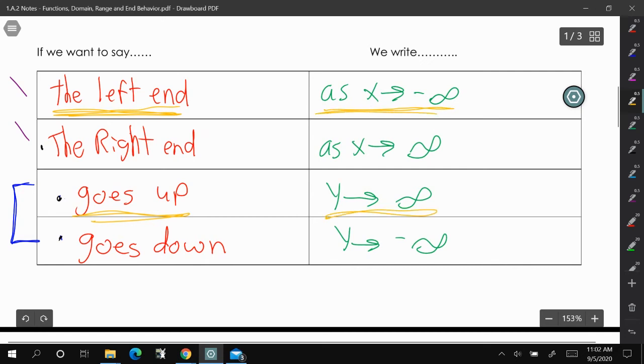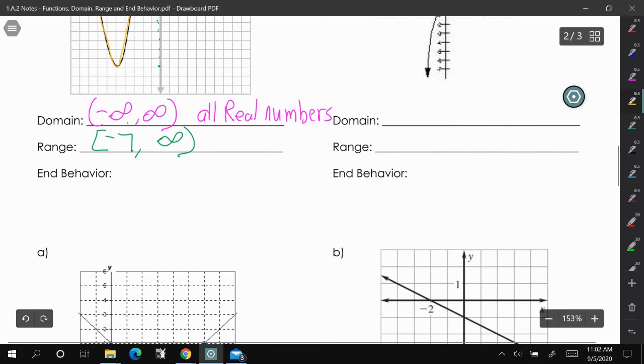We're going to say as x approaches negative infinity, because that means left end, y approaches positive infinity, which means goes up.